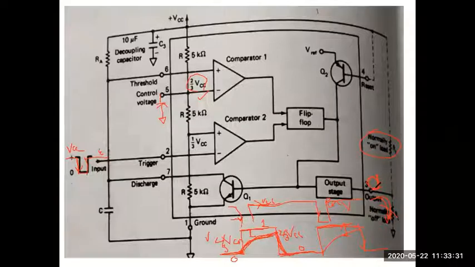But if this pin 3 is in zero state, RL is connected to VCC and pin 3. So since this end is at 0 and this end is at VCC, there is a current flowing through this load RL.